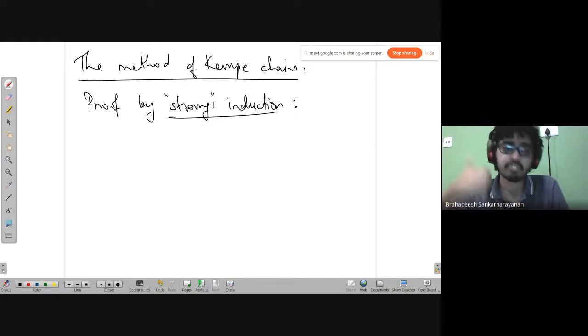Then you prove that if it is true for a certain n, then it is also true for n plus 1. Then the principle of induction says that you have in fact proved it for all n. That's induction.